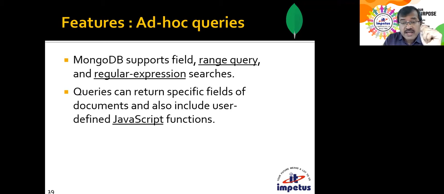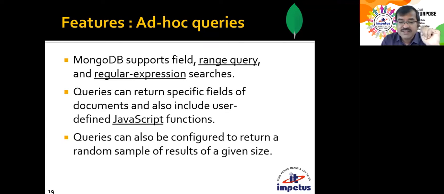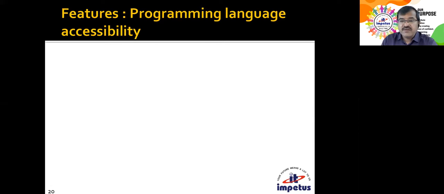Here, it can even be a function written in JavaScript or some other language. So your query can include functions which you have written in JavaScript. That is something exciting. It can be in any language, but JavaScript happens to be the default one. Queries can also be configured to return a random sample of results of a given size and so on. So these are extraordinary features that we have.